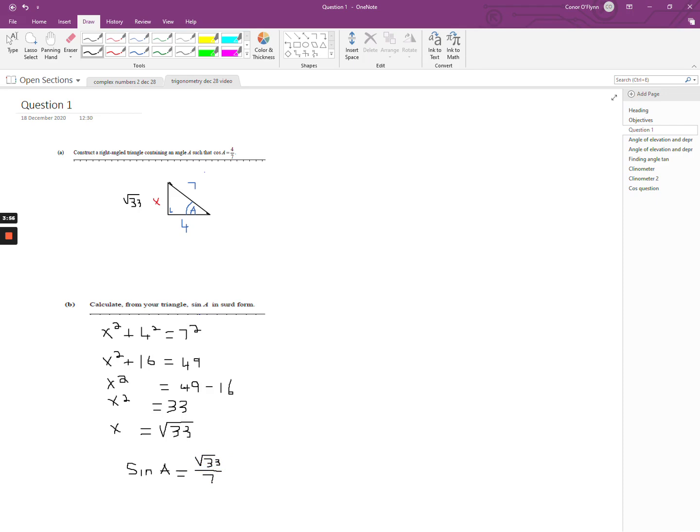Does that break down any more on a calculator? Let's see. Okay, so that's fine. You can leave it in that form, but if it breaks down more, break it down more. And that's in surd form.